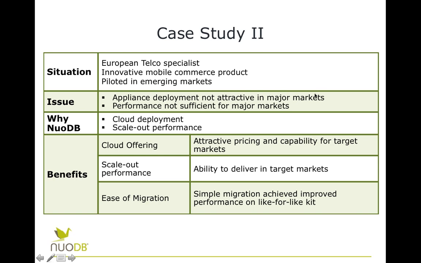They were getting that same pushback I talked about before against deploying appliances in the provider's data center. And secondly, they needed to scale out that performance. Just pure performance scale out is what they needed.